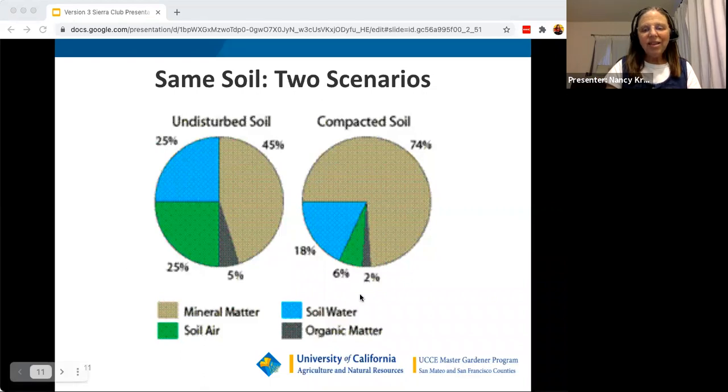Can you see the decrease in the air as well as the organic matter? The structure needs to be built again so that more pore spaces are there where air and water can move through, and the aerobic soil microbes as well as plant roots can thrive.